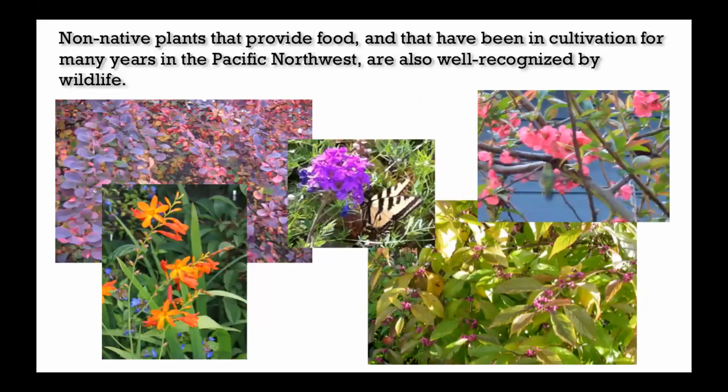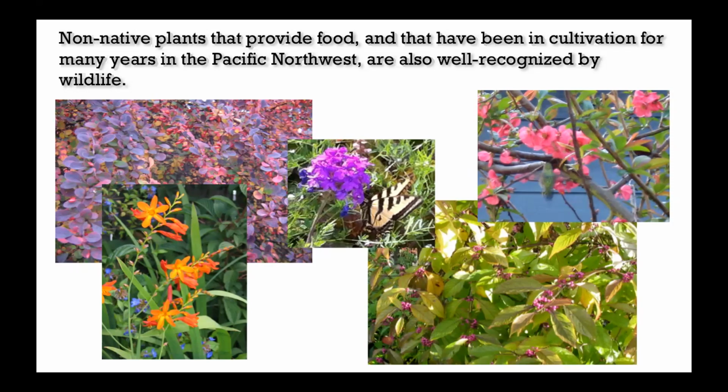There are some non-native plants that have been around for so long and been in cultivation and sold by nurseries in the Northwest so long that wildlife has recognized their food, such as the Japanese barberry that's in the left-hand picture, and the flowering quince that's in the upper right.